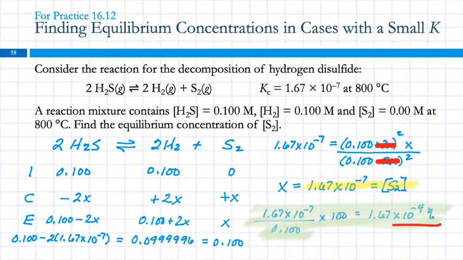So this percent that I came up with, that's less than 5%. I'm okay. If that was greater than 5%, I cannot use the X is small approximation. I need to go through with all the math. 5% of whatever it's being added to or subtracted from.